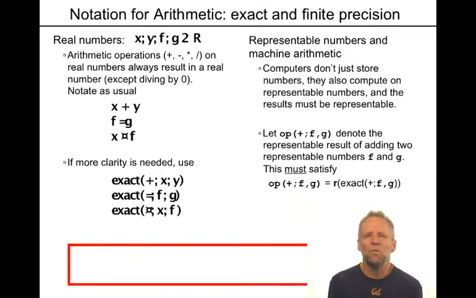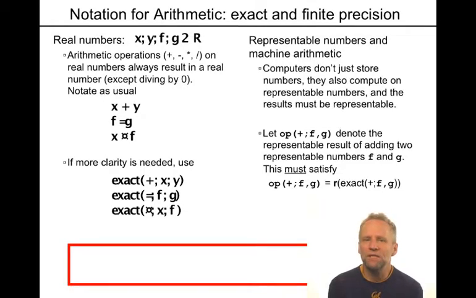So when we're trying to be totally clear, we're going to use op for the computer operation instead of exact on the left-hand side. There I've written almost the same thing, but in the Courier font. We're going to let op denote the representable result of adding two representable numbers, in this case f and g. So here I see op, then the operation, and then the two arguments.